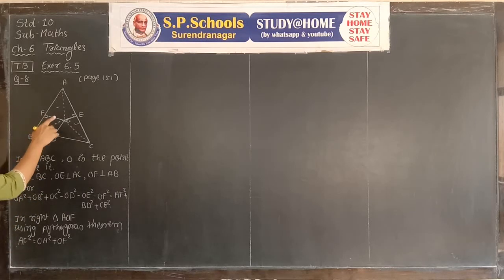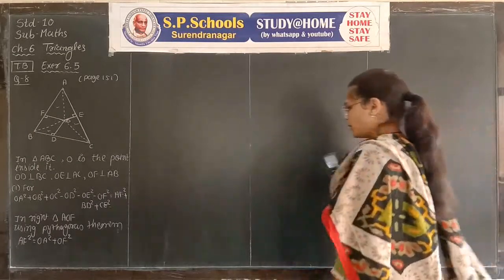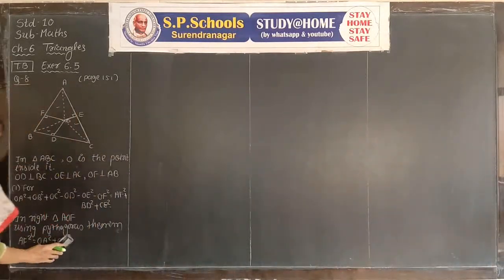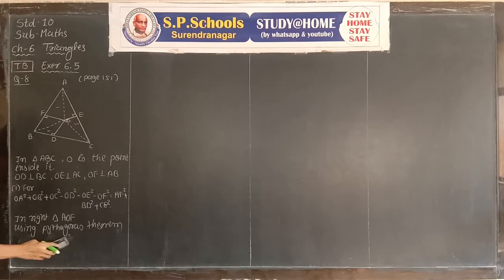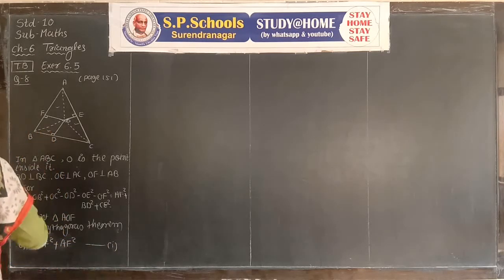The hypotenuse is OA, not AF. It's my mistake. In right triangle OFA, F is the right angle, so OA is the hypotenuse. Square of OA is equal to OF square plus AF square. This is result number 1.